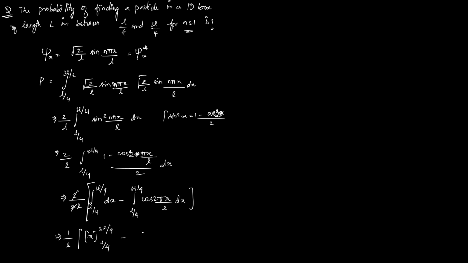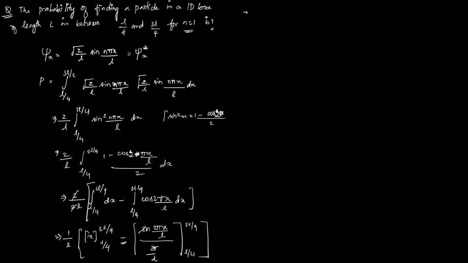Minus, and if you integrate your cos 2πx by L, it is going to be equal to sin 2πx by L, and then we differentiate the x term, that is 2πx by L, which gives 2π by L. So again we are going to substitute the limits L by 4 and 3L by 4. So the entire thing is multiplied by 1 by π.